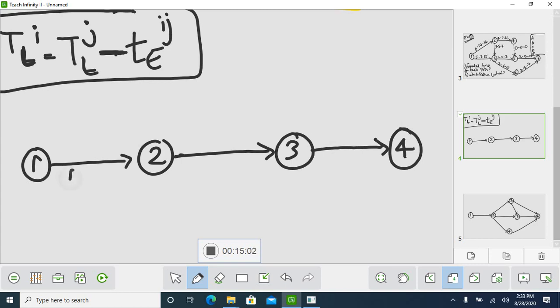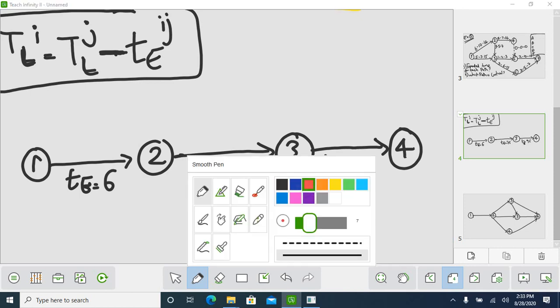They will be giving you TE 6, that is expected time 6, then 7.5, then 9.5. If you want to find the latest allowable time, you have to know your expected time, your earliest expected time. Then only you can find your latest allowable occurrence time.